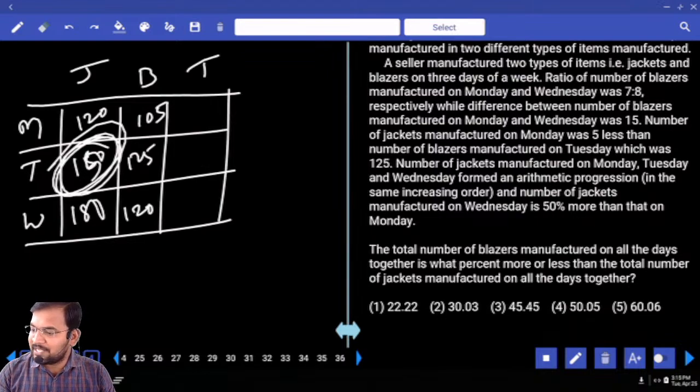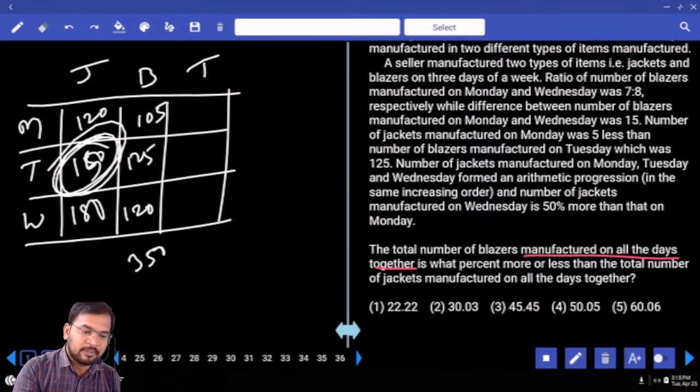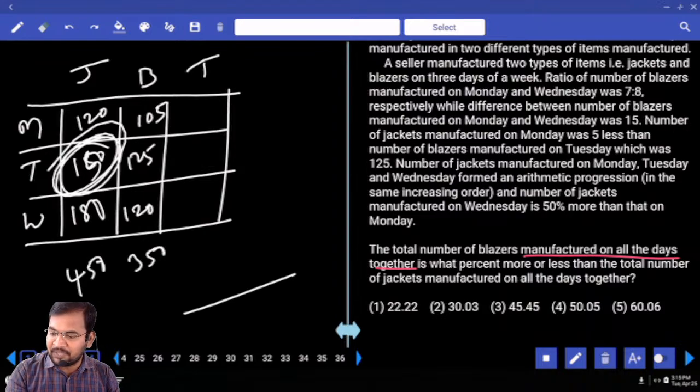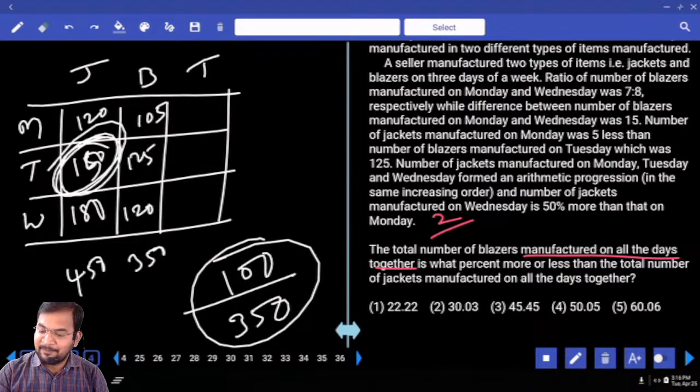Next, the total number of blazers manufactured all the days together is what percent more or less than the total number of jackets manufactured all the days together? Total blazers for all the days is how much? 350. Jackets is 450. They compared with 450. Whenever they ask more or less, we go for the difference.